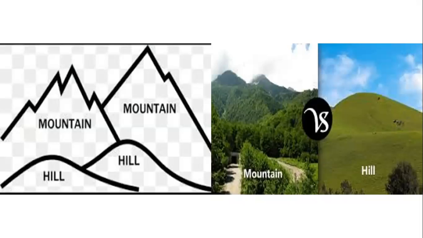Okay, so a hill lifts up just a little from the ground, and it isn't as tall or as steep as a mountain because a mountain is a large, remember what large means? Huge, huge elevation of Earth's surface that rises from the surrounding level. It's a large, steep hill.